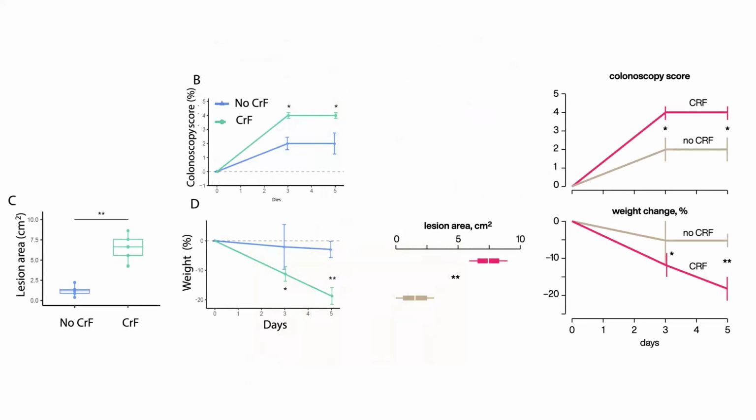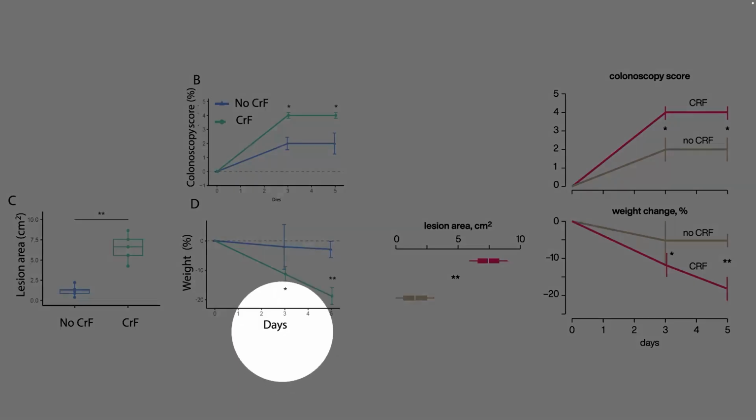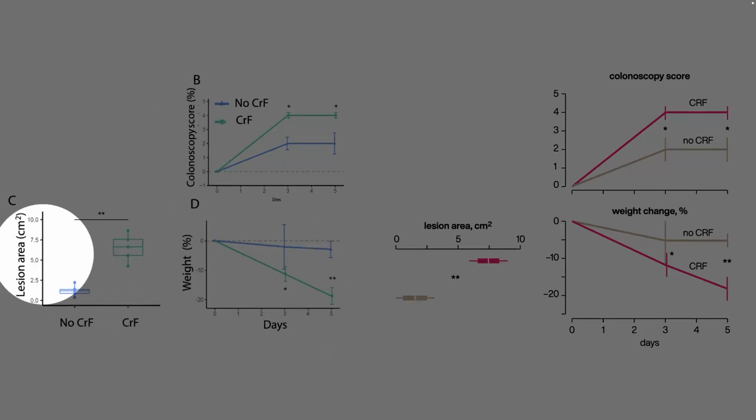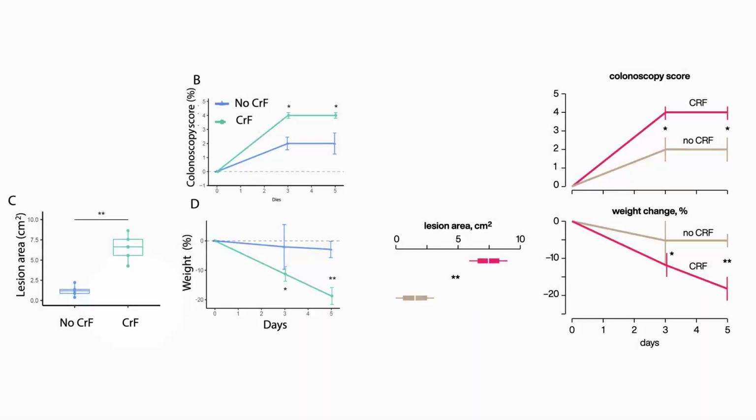Here's where the biggest, I think, opportunity for consolidating the plots is. So what you have here is you have these days, and there's colonoscopies during those days, and mice have a week, has a colonoscopy score, and then there's a different lesion area, I guess, of the tumors, depending on whether it's creeping fat or not.